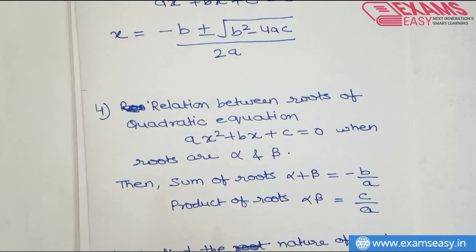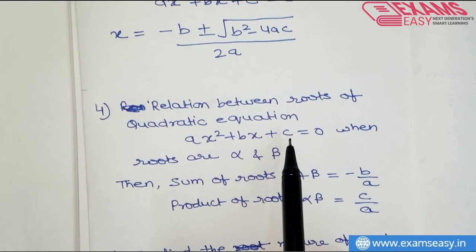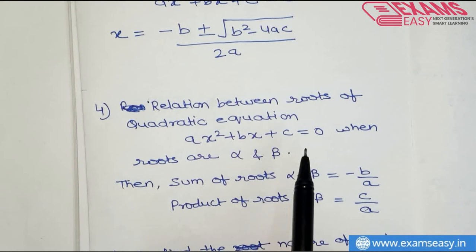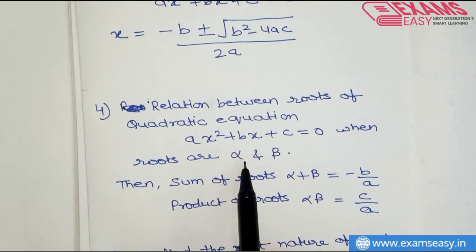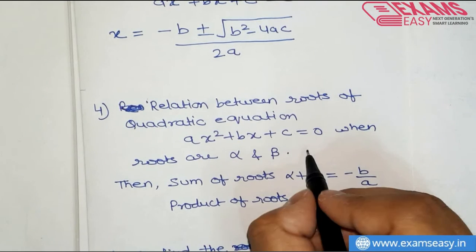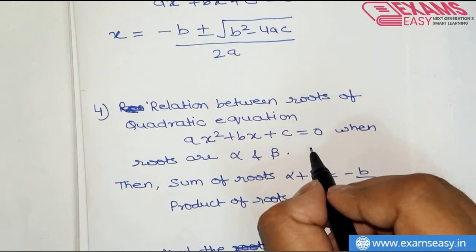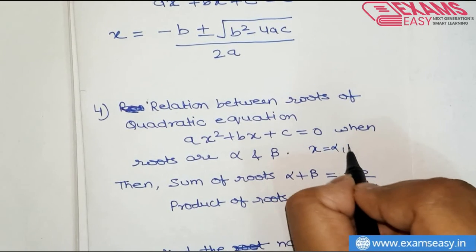Friends, we have told you that the solution of the quadratic equation is nothing but the roots of the quadratic equation, and these are represented by alpha and beta. That means x is equal to alpha and beta.